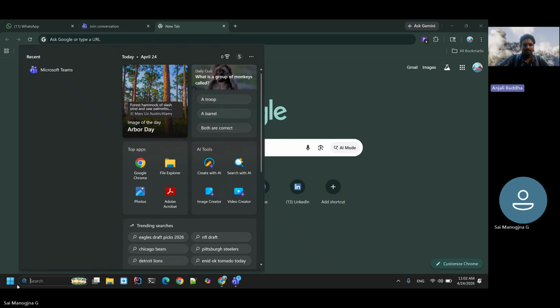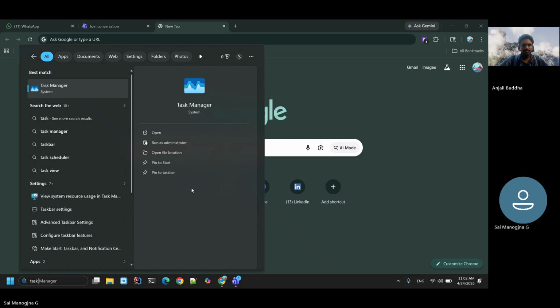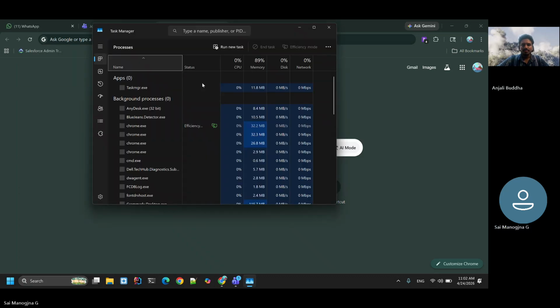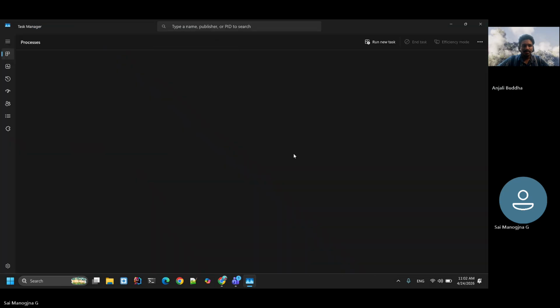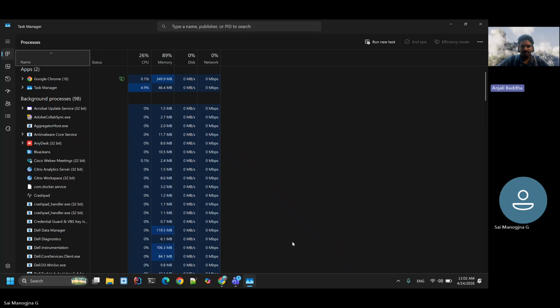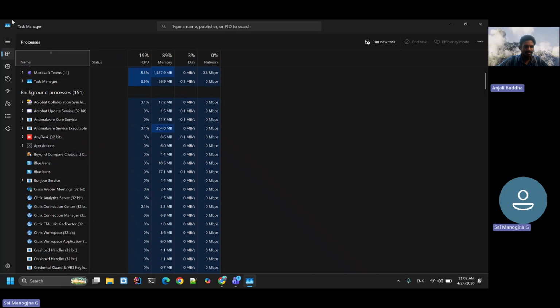You can type like task manager. Please open this. Just maximize it and go to processes. So there in your left, there are windows, right?